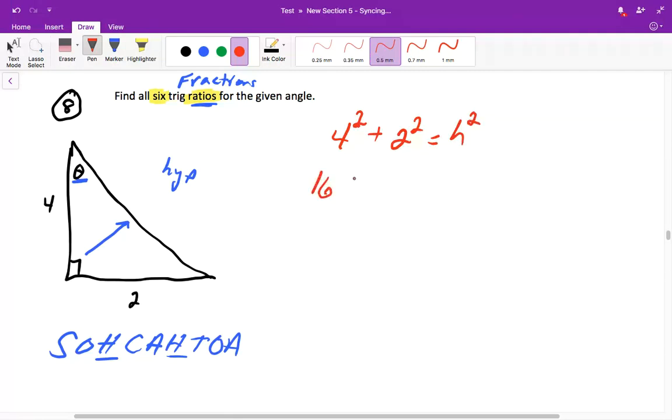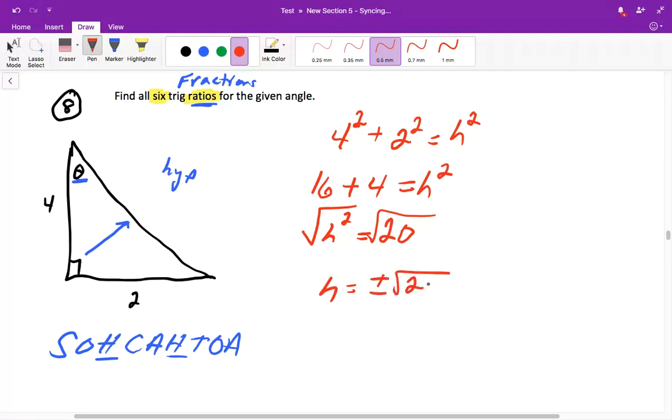Well, my 4 squared is 16 plus 4 is equal to h squared. h squared is then equal to 20. Take the square root of each side. H is then equal to plus or minus the square root of 20. We will reject the negative, and you will have to simplify that radical. So h is equal to 2 root 5.